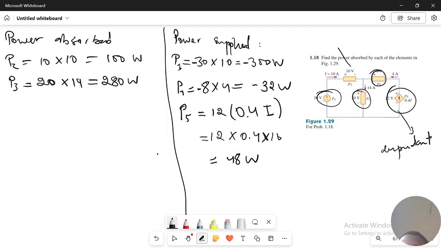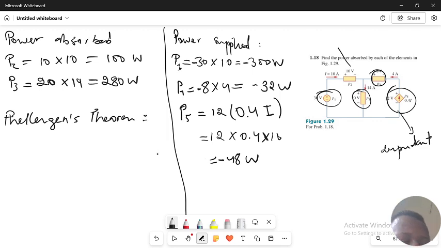Now we have already determined the power supplied and the power absorbed. We should maintain the negative signs. Now we can check Tellegen's theorem. What does Tellegen's theorem say? You have to verify it. Even if you are not asked, we can check on our own.